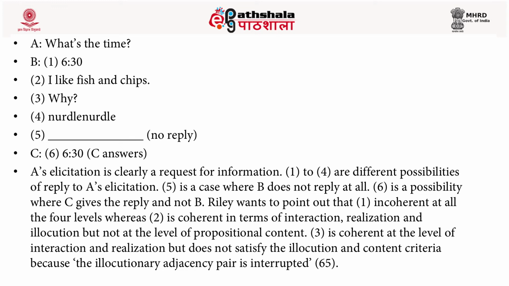Riley wants to point out that 1 is coherent at all the 4 levels, whereas 2 is coherent in terms of interaction, realization, and elocution, but not at the level of propositional content. 3 is coherent at the level of interaction and realization, but does not satisfy the elocution and content criteria because the illocutionary adjacency pair is interrupted.